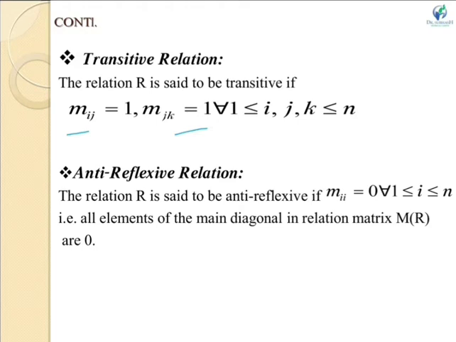Now next is anti-reflexive relation. Anti-reflexive means there must not be elements such as (1, 1), (2, 2), (3, 3) and (4, 4). That means a relation R is said to be anti-reflexive if all Mii must be 0. That means all the entries of the main diagonal must be 0.